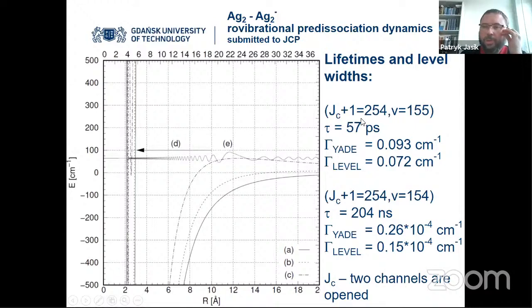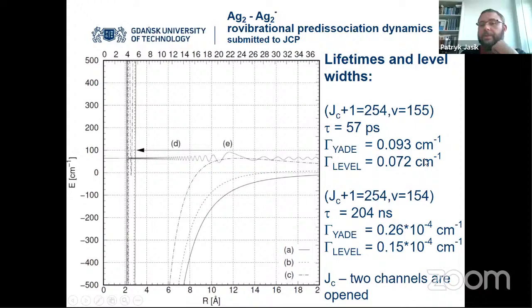So we chose this J, and for v equal to 155 and 154, we obtained lifetimes of 57 picoseconds and 204 nanoseconds.